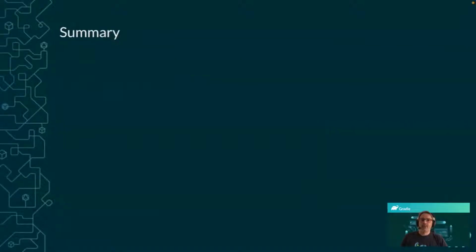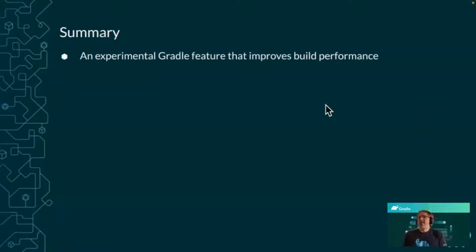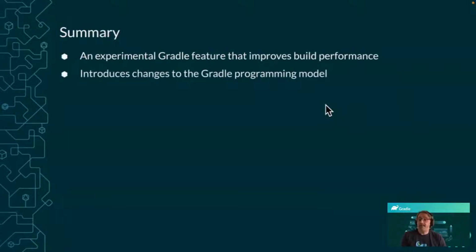So to summarize, to recap what we've seen so far, the configuration cache is an experimental Gradle feature that improves build performance. It introduces some changes to the Gradle programming model. It must be explicitly enabled at this point. In the future, we expect the configuration cache will be the default mode of operation of Gradle.